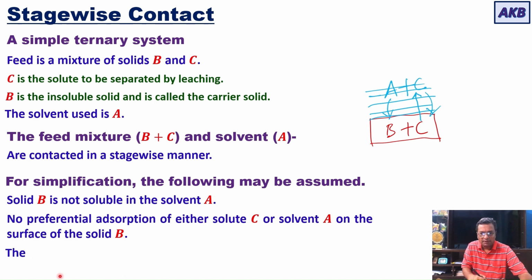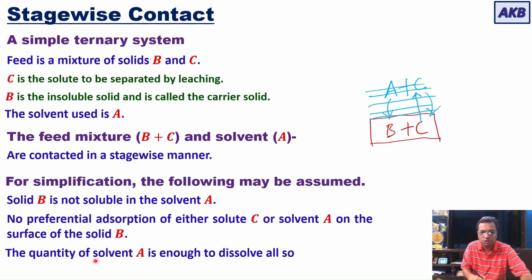Then, in order to ensure that an equilibrium is reached between the solid and liquid phases that leave any stage, the third assumption is important. What is the assumption? The quantity of solvent A that is used in the operation is enough to dissolve all solute C that is present in the original mixture.